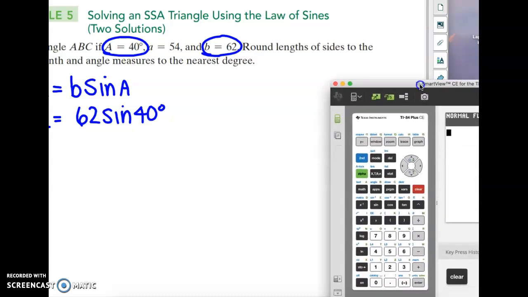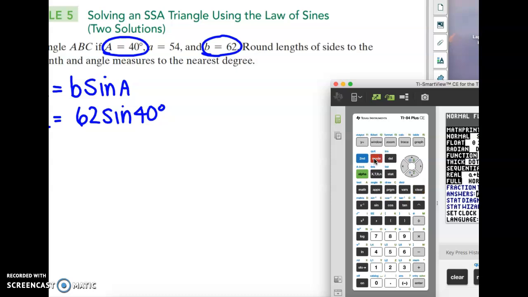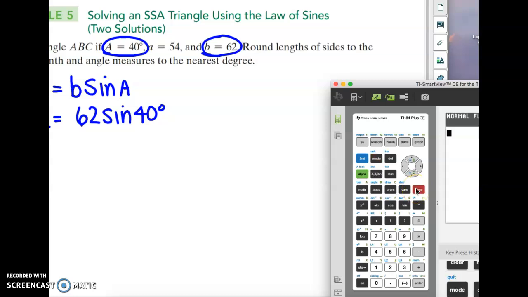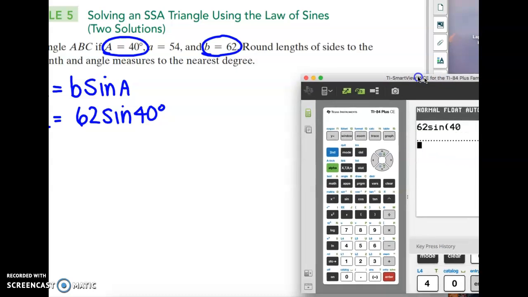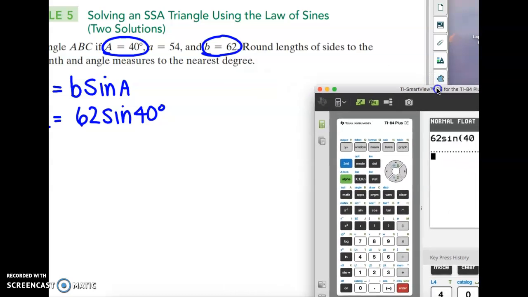Make sure the mode of your calculator is in degrees, so I'm going to change it to degrees. All right, now we're going to type that in. 62 sine of 40, enter, and we're going to get 39.85.